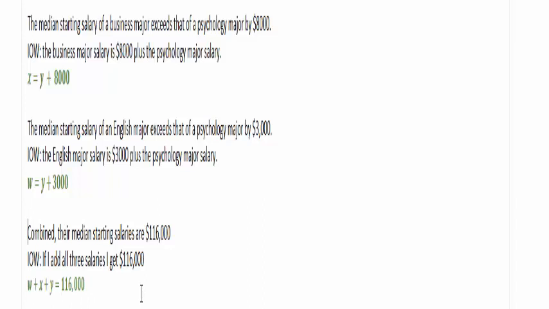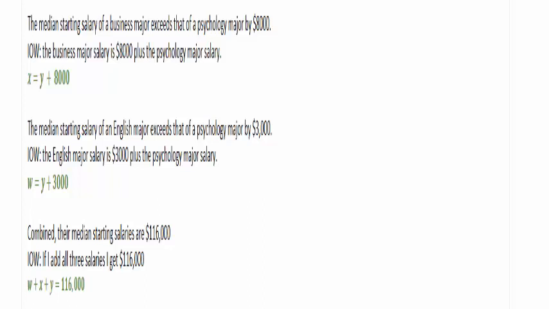Now we're going to solve the equation, and the first thing I want to do is use substitution. So I'm going to begin with the equation W plus X plus Y equals 116,000, but I've already found W and X written in terms of Y, so I'm going to substitute those in.